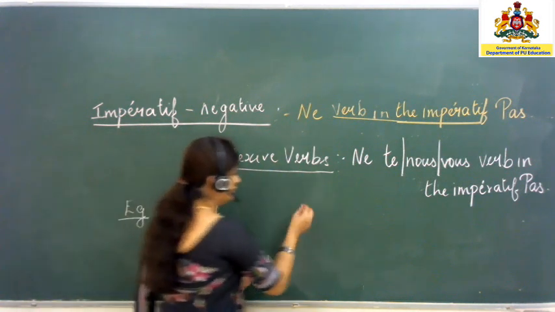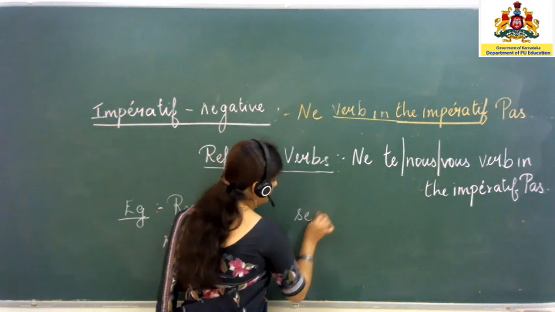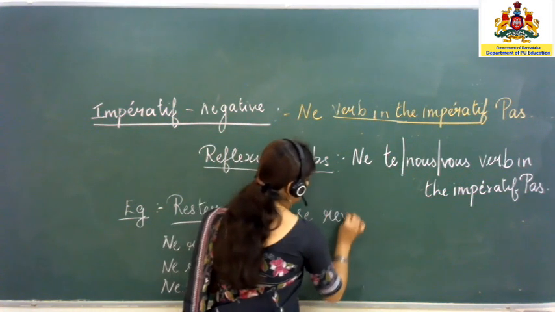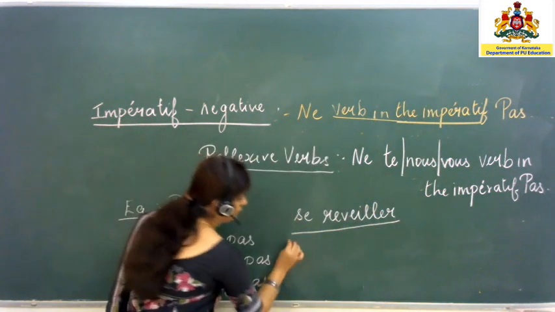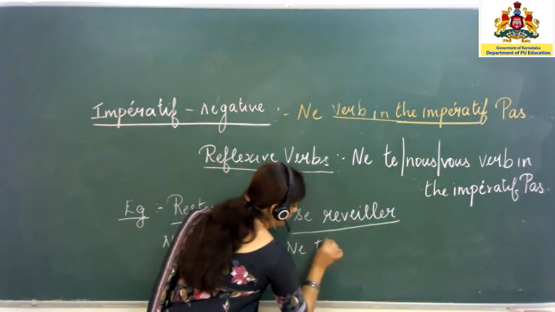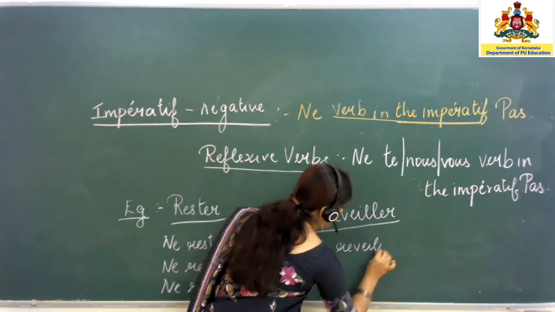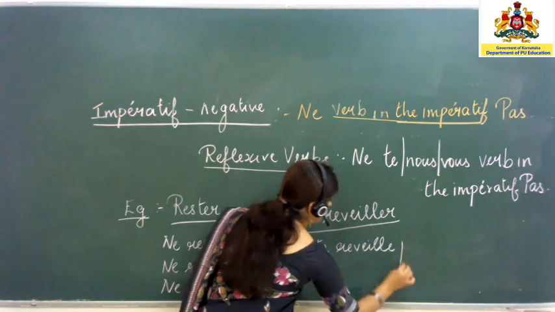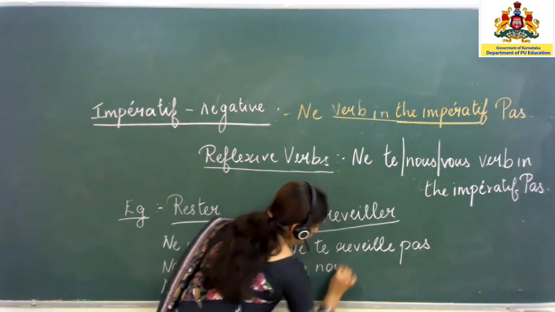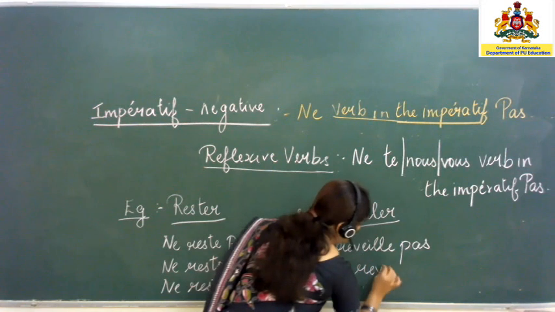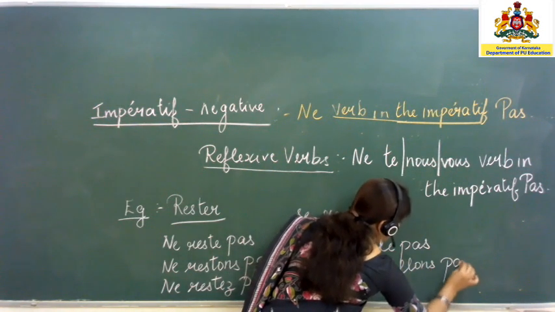Now, for a reflexive, let's take another verb. Say, let's take se réveiller. Imperative negative. Ne, te, R-E-V-E-I-L-L-E, pas. Ne, nous, R-E-V-E-I-L-L-O-N-S and pas.